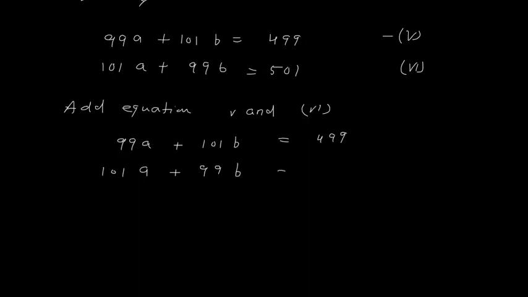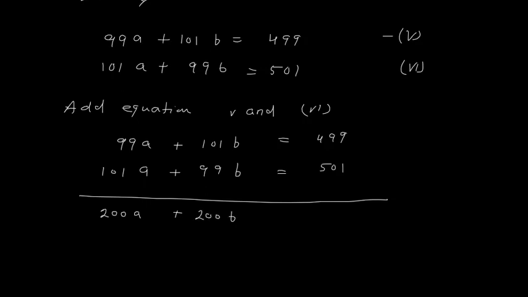The value is 501 here. So we are adding them. So when we add, we get 200a plus 200b. Here we get 500 plus 500, 1000. So therefore 200 we take common. Here it is a plus b is equal to 1000.